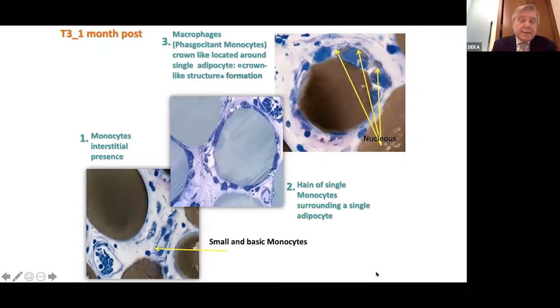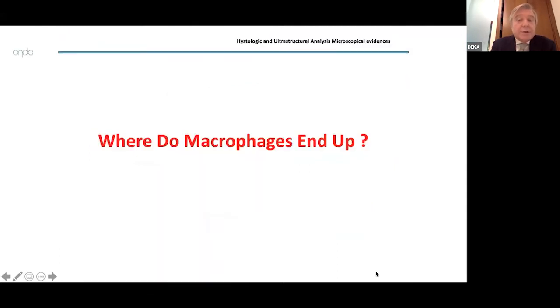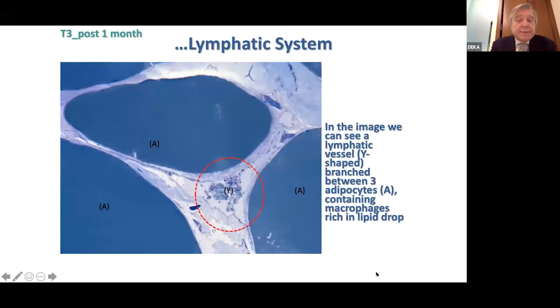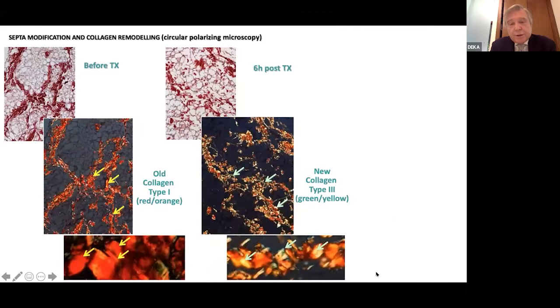The monocytes join one another and become macrophages around the lipid drops, and then at the end they go into the lymphatic system and are eliminated by the physiological systems. Well, these are our protocols about fat.